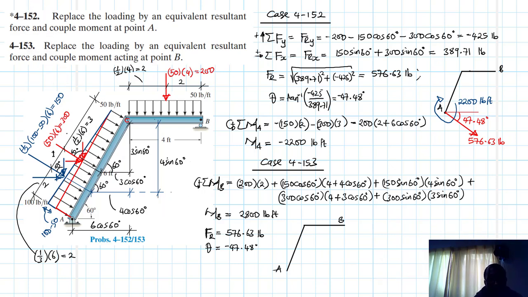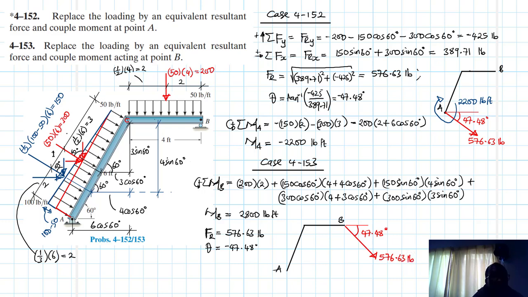All right, let's draw that. Like we said, the resultant will be the same, something like that. And then let's indicate the direction: this is 47.48 degrees, and this is 576.63 pounds.